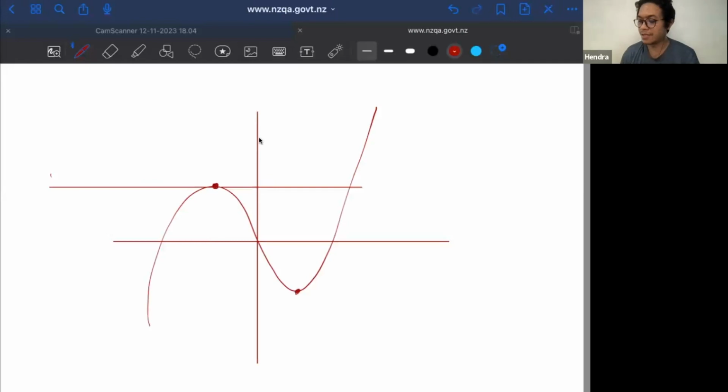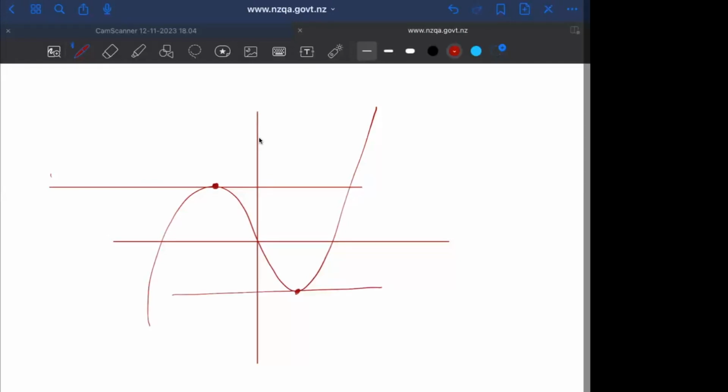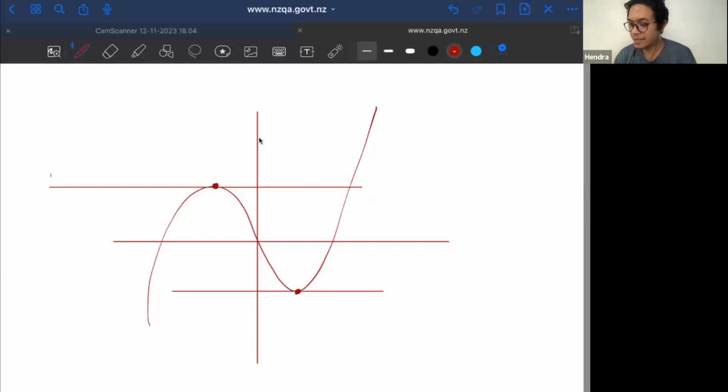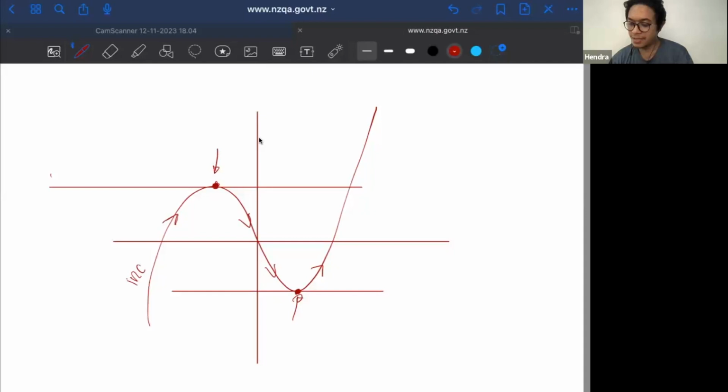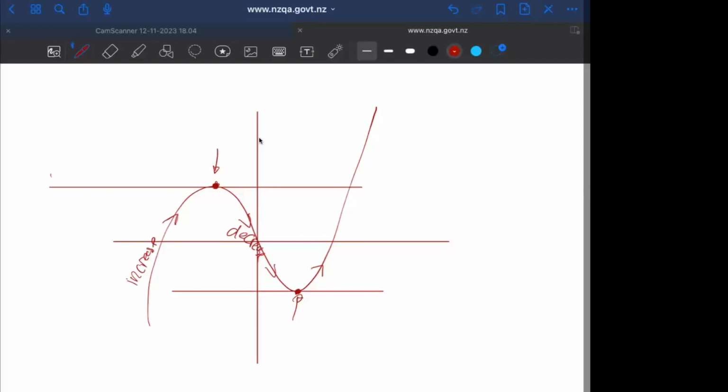Because it's a straight line. So that means at these two points, the graph is either turning from up to down or from down to up. So this is called increase, this is called decrease.